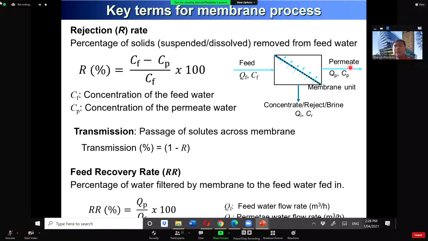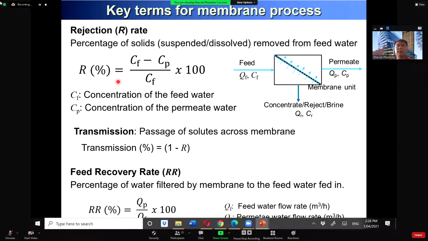Even with tight reverse osmosis, still 0.00-something percent will go through with the permeate, so some concentration will still be there. If you take the inlet concentration minus the permeate concentration, and divide by the inlet concentration, this ratio gives you the rejection rate. So that defines the rejection rate of the membrane.